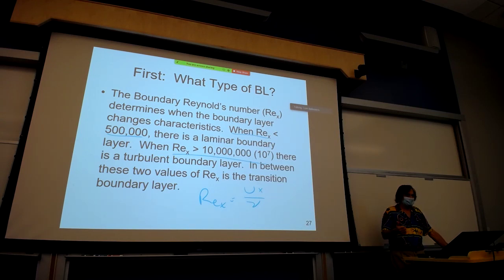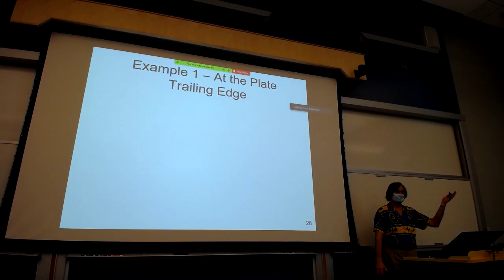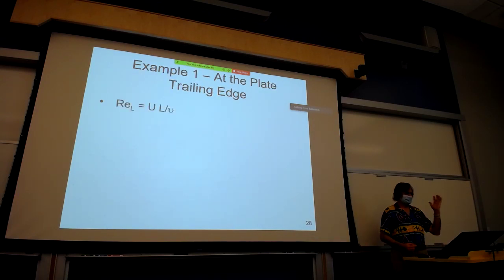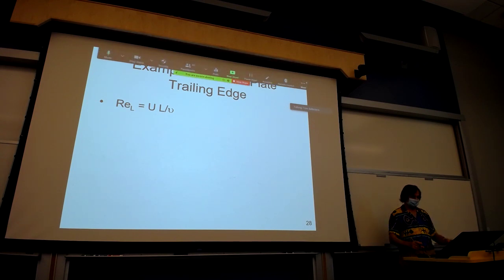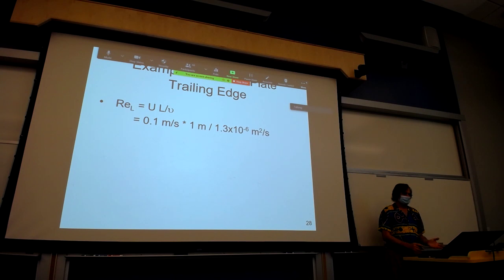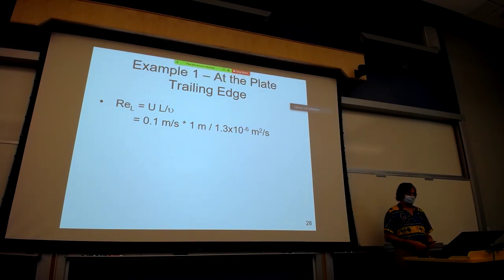Capital U doesn't change, and the viscosity of the fluid doesn't change, so it's at the trailing edge, where x is equal to L. At the trailing edge, it's the free stream velocity times the length of the plate divided by the kinematic viscosity. The free stream velocity is 0.1 meters per second, the length is 1 meter, and the kinematic viscosity is 1.3 times 10 to the minus 6.